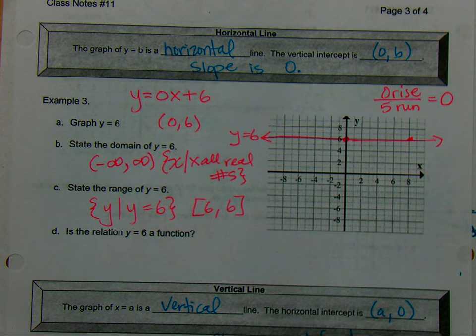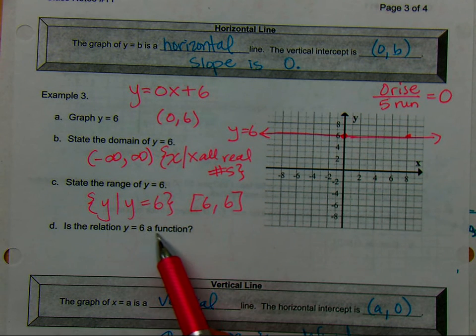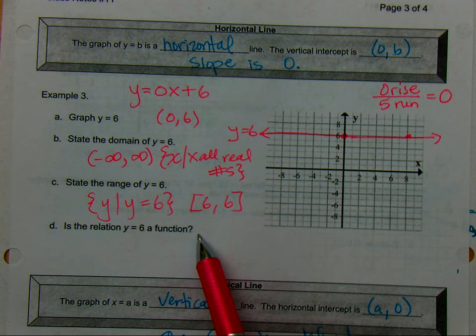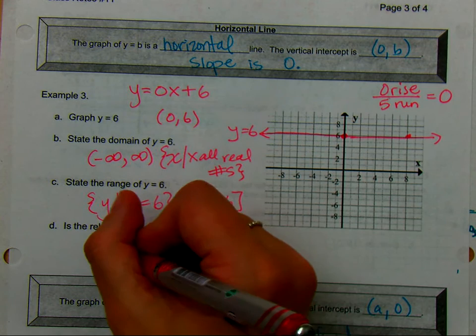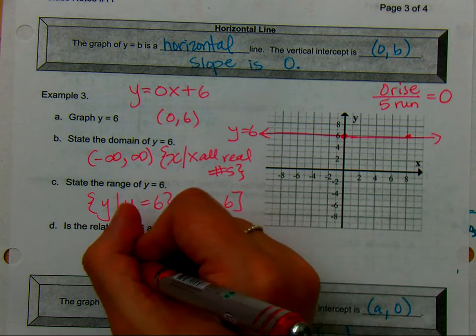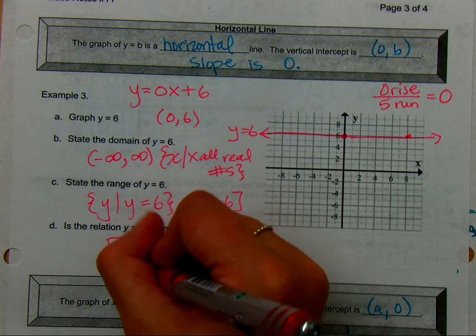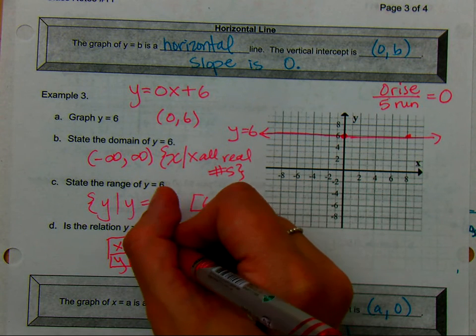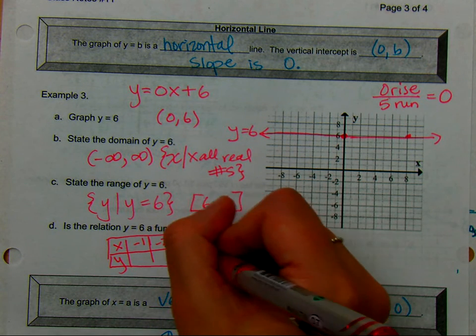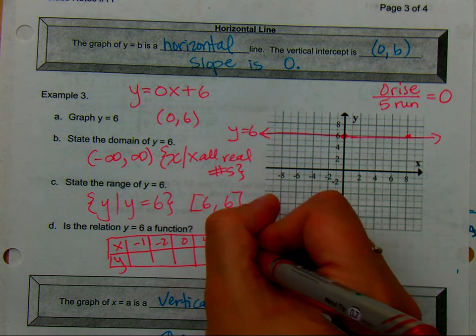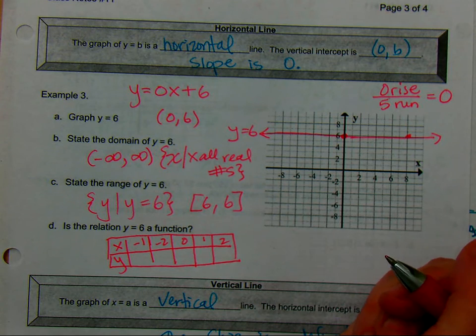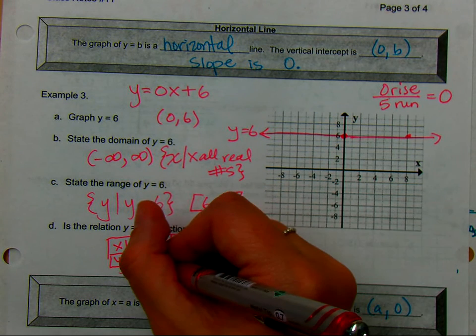Okay, is the relation y equals 6 a function? Now again, if we come back to the idea of a table of values, if I have x values and y values, I could have -1, -2, 0, 1, 2, and it's irritating me that I keep making my table out of order, but whatever.